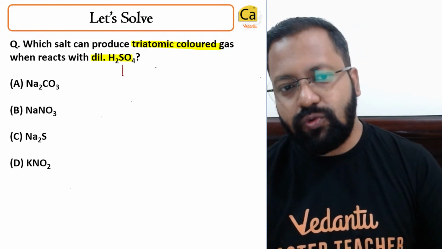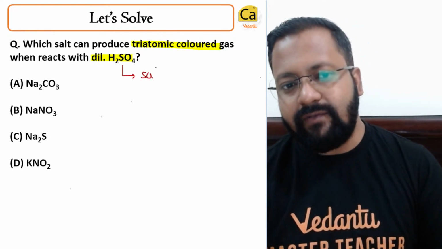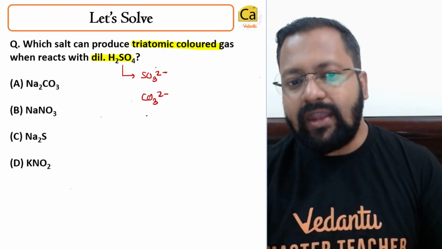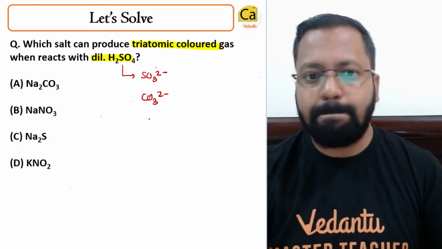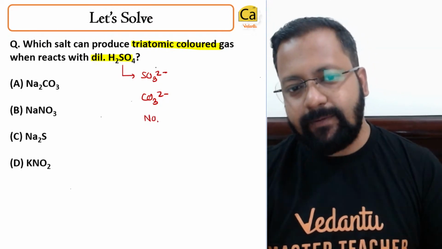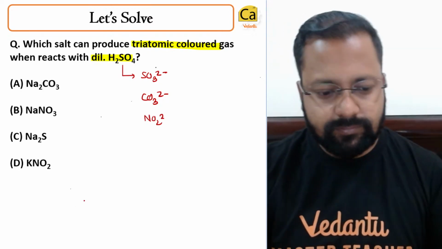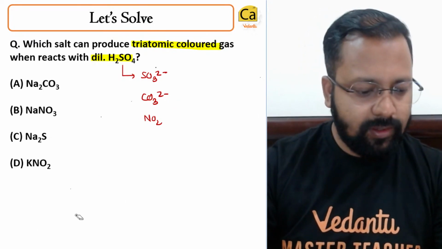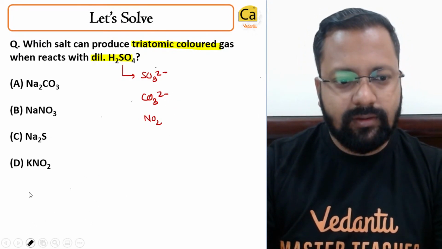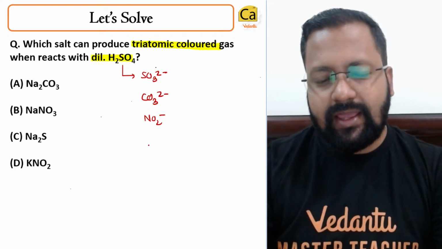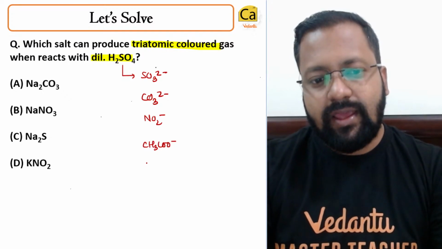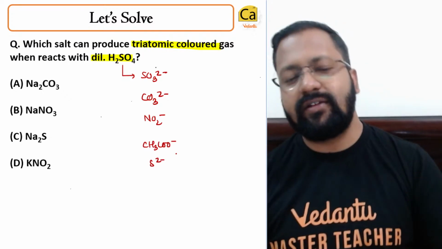So dilute H2SO4 can react with sulphite, can react with carbonate, can react with nitrite, it can react with acetate, it can react with sulphide.